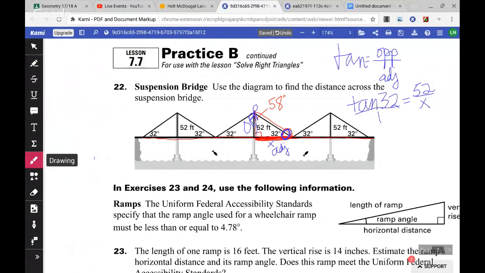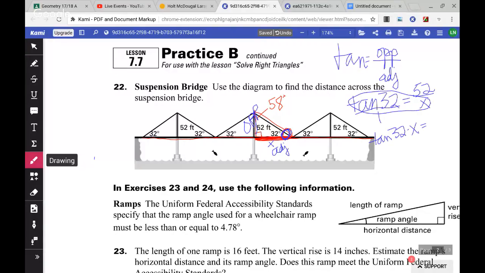So if we cross multiply, we do tangent 32 times X equals 1 times 52. How do we get X by itself now?